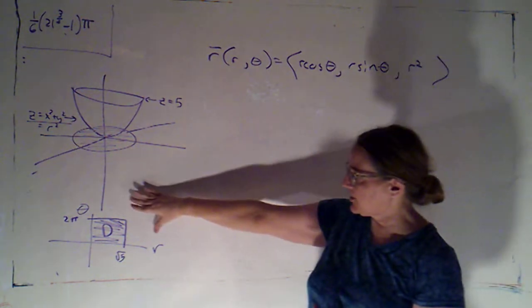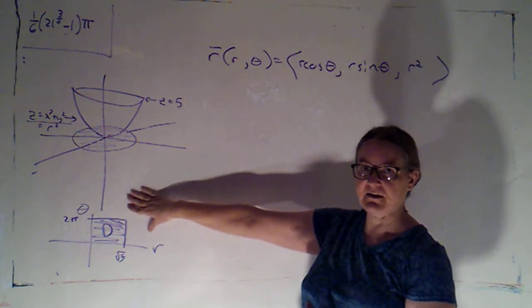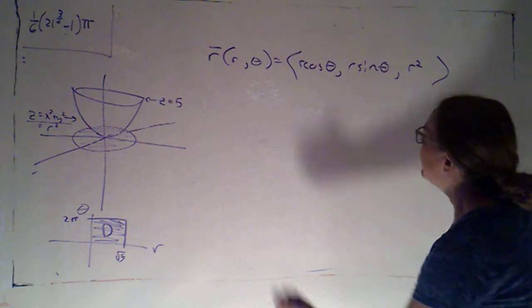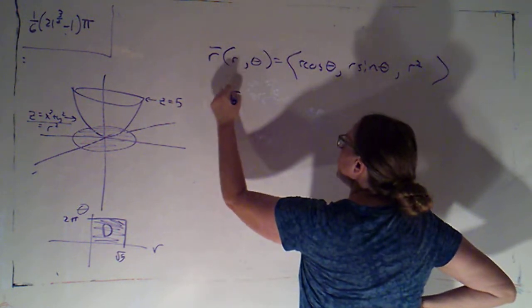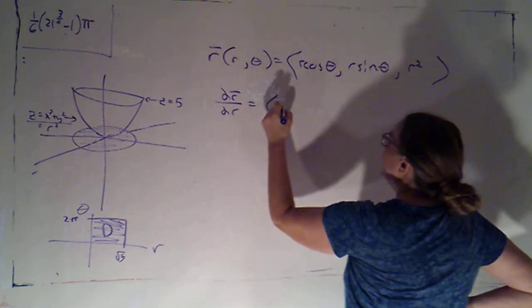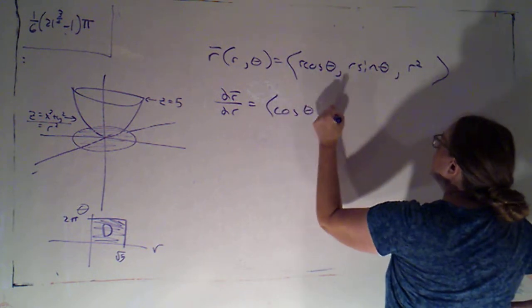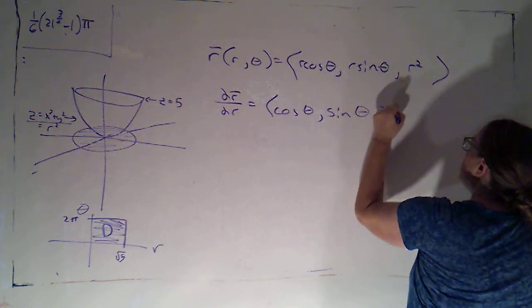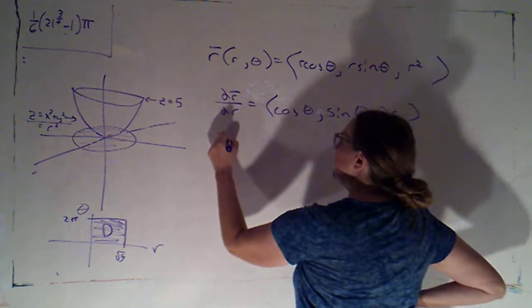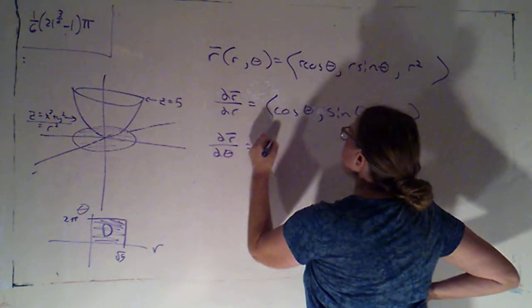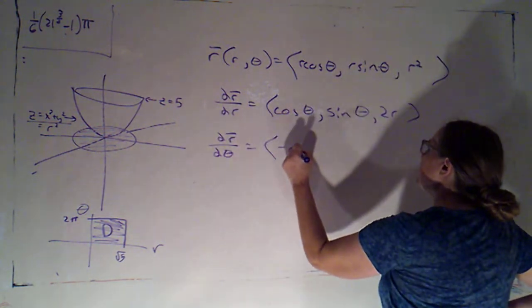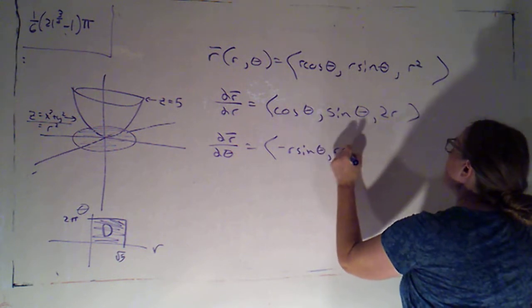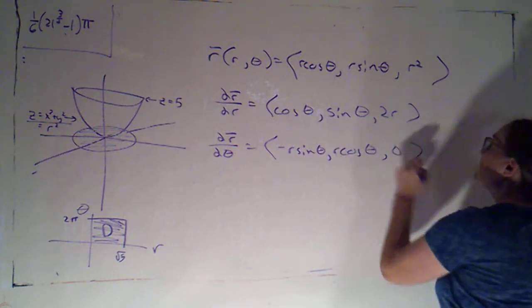But in the parameter plane, they're just rectangular coordinates. Okay, so I can calculate the partial of r with respect to r, and that's going to give me cosine theta, sine theta, 2r. And I can calculate the partial of r with respect to theta, and that's going to give me negative r sine theta, r cosine theta, 0.